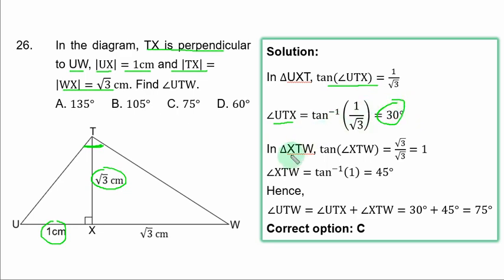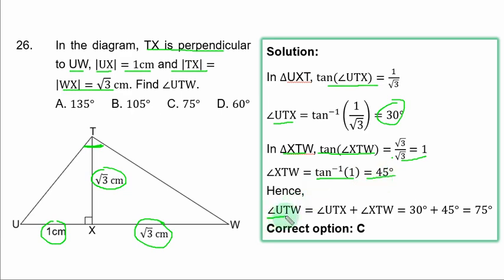In triangle SWT, you also have tan of angle STW is opposite over adjacent, taking this angle now. Opposite is √3 and adjacent is also √3. If you divide both, you have 1. To get angle STW, take the inverse of tangent of 1, and that is 45 degrees.